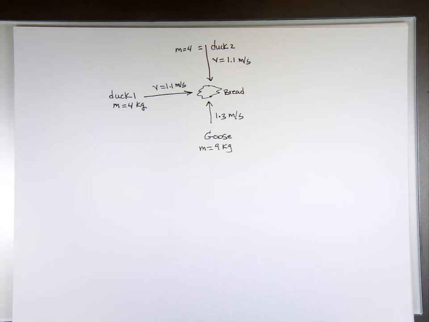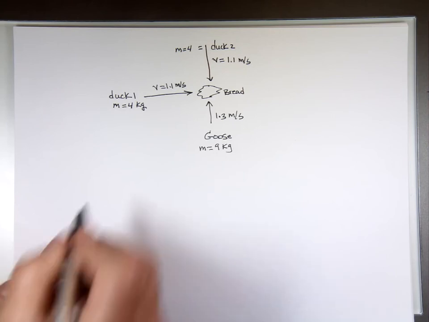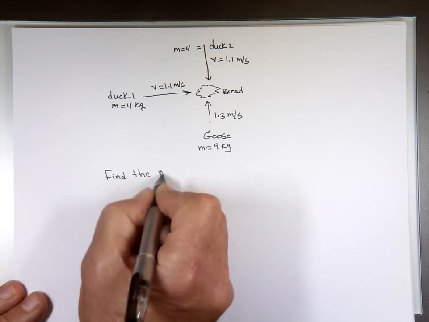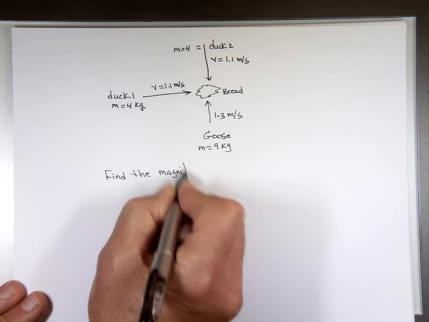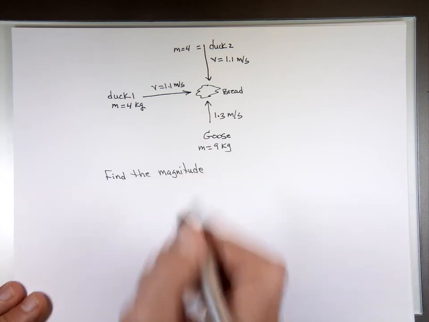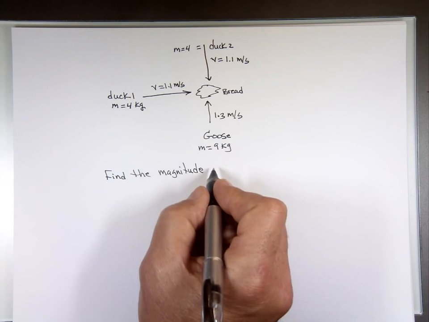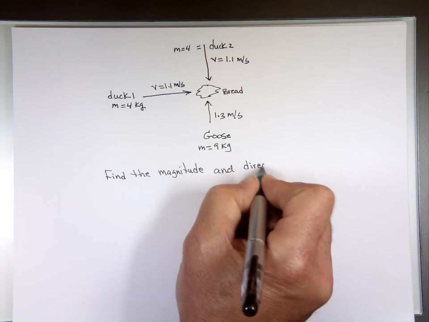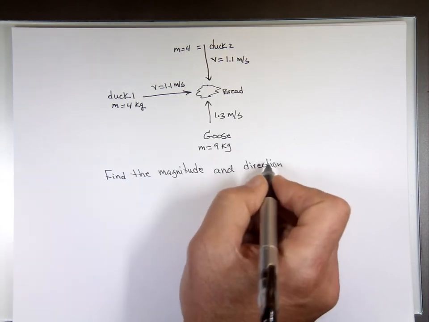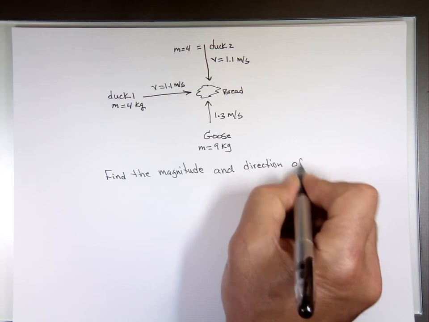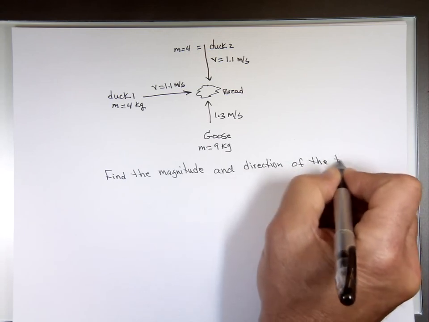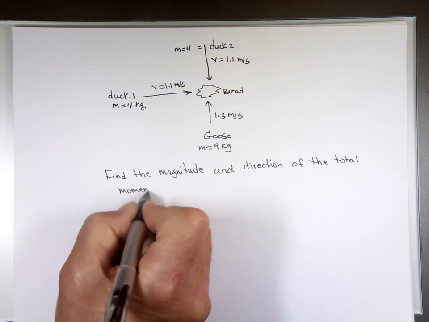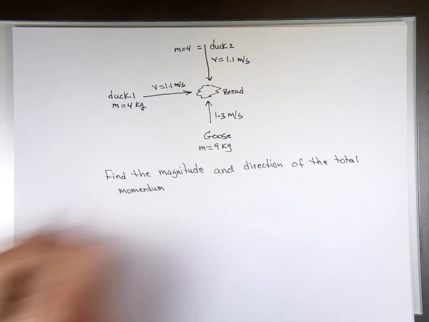So the question: find the magnitude, that's the value. I don't care about the direction. We'll give you the direction even, and the direction makes it more fun, of the total momentum of the 3 birds.